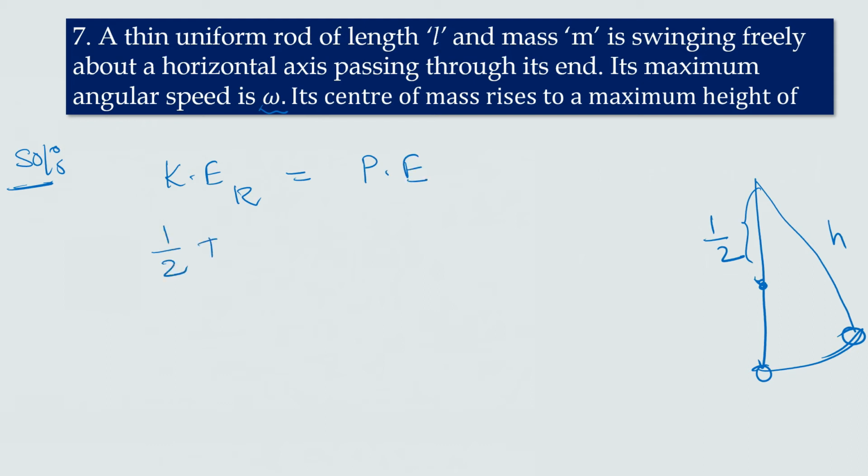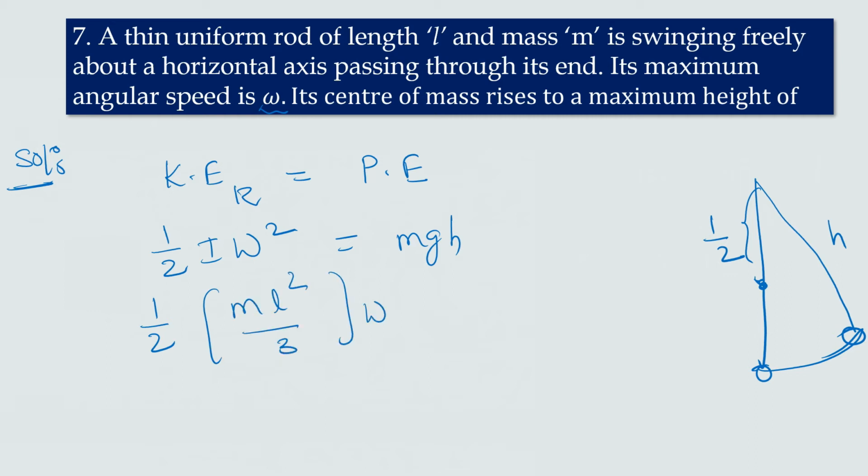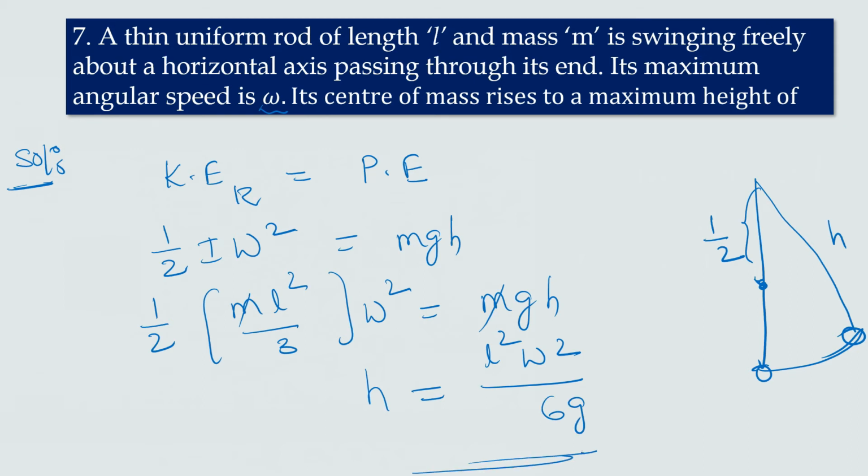So half I omega square is equal to mgh. So 1 by 2 into mL square by 3 omega square is equal to mgh. Here m gets cancelled. Now maximum height h is equal to L square omega square by 6g.